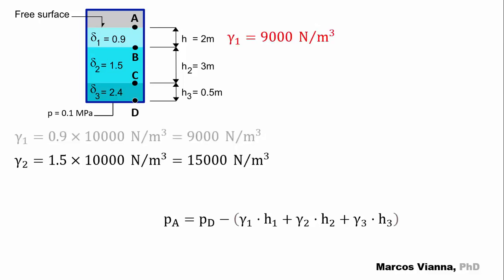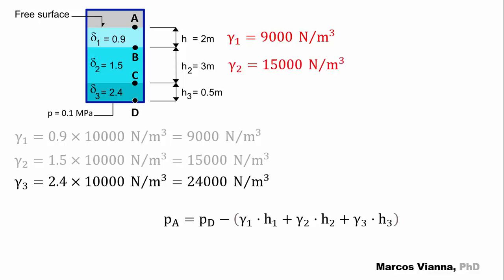Gamma 2 equals 1.5 times 10,000 equals 15,000 newtons per cubic meter. Gamma 3 equals 2.4 times 10,000 equals 24,000 newtons per cubic meter.